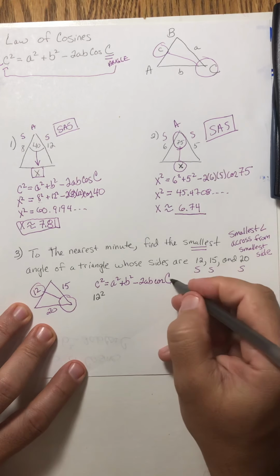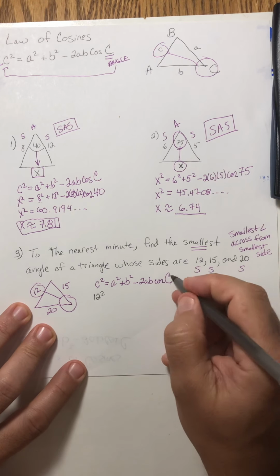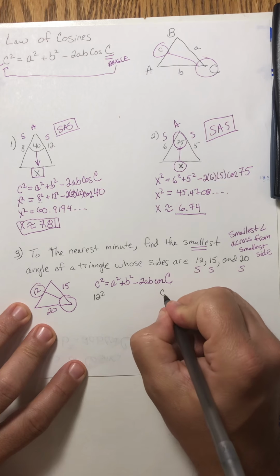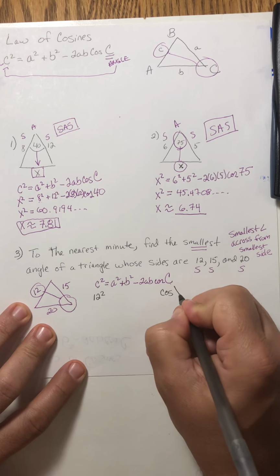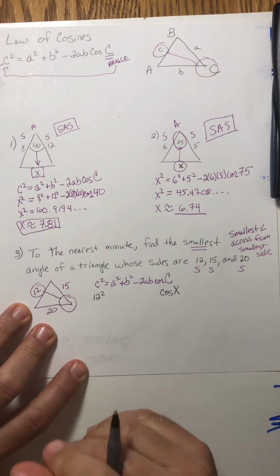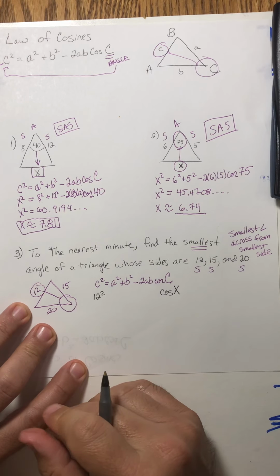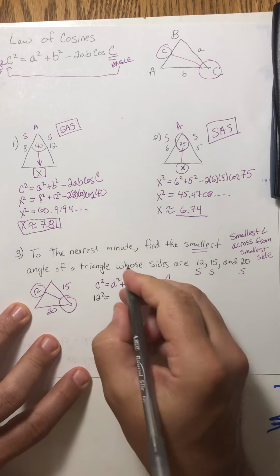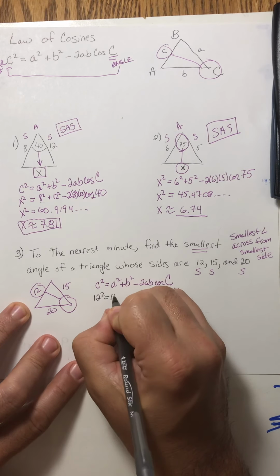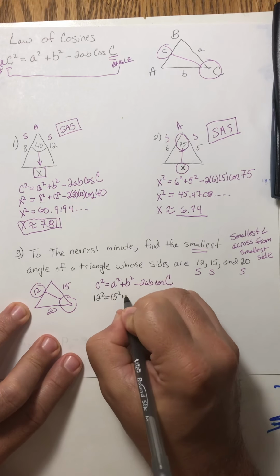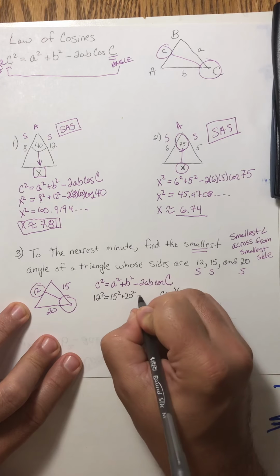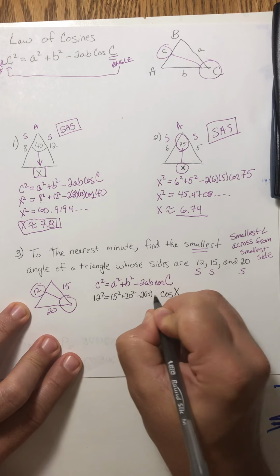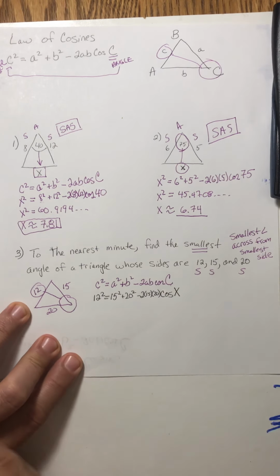You can leave it capital C, you can call it X. I think I'm just going to call it X because we always label our variables X. And then the 15 and the 20 are your A's and B's. So 15 squared plus 20 squared minus 2 times 15 times 20.